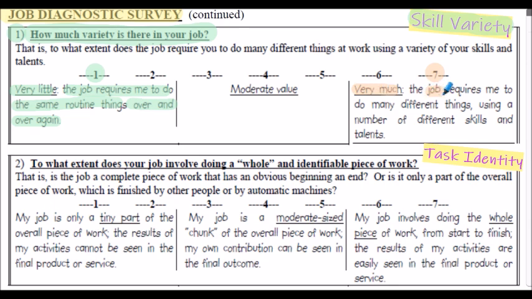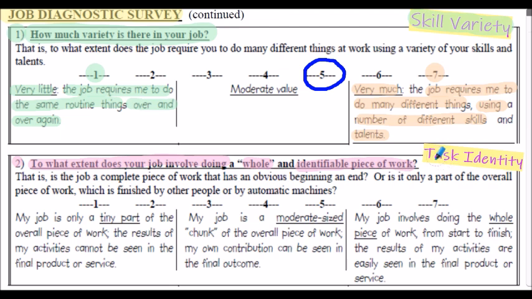The job requires me to do many different things using a number of different skills and talents. So the employee is asked to circle the response that they deem most appropriate related to their perception of their job. And question 2, to what extent does your job involve you doing a whole or identifiable piece of work?